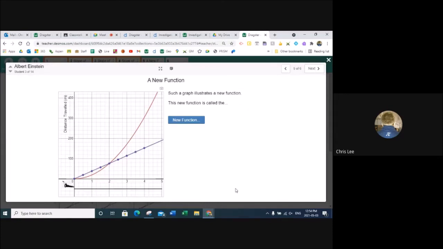So this new function, which describes all of the different slopes of the tangents at various x points, is a brand new function, and it has its own name. Does anyone know what we call the function that describes all the slopes of the tangents?